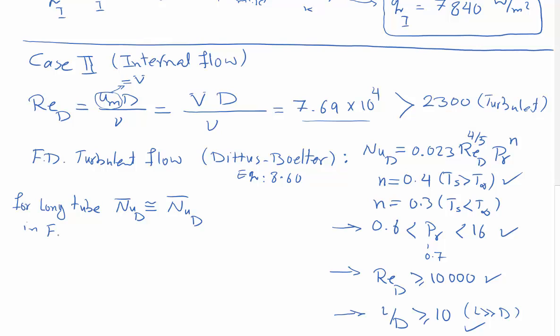In the fully developed region, we can write that. So continuing here, I write average Nusselt number equals local value of Nusselt number, and this local value is found from the correlation that we just discussed, Dittus-Boelter.